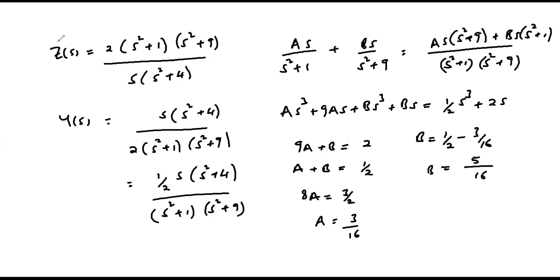From which you can write our transfer function. We can write our transfer function Y of S to be AS, which is 3 over 16S over S squared plus 1 plus 5 over 16S over S squared plus 9.